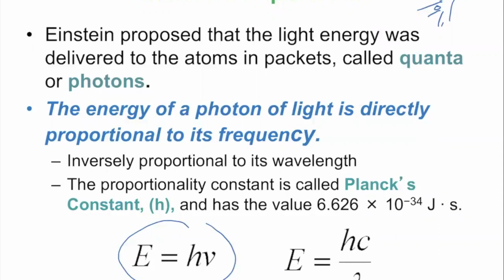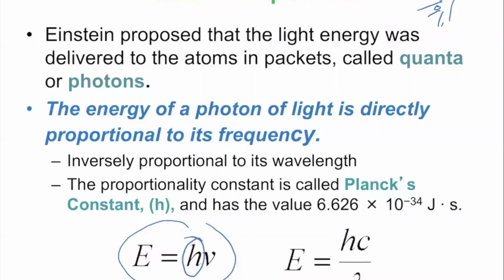Basically what he was saying is those pockets are going to have a certain amount of energy, and you have to consider the frequency of that wave, and if you know a constant, which is Planck's constant, the story of where that number comes from is a little more complex, so we're just going to leave it alone, we can calculate the energy.